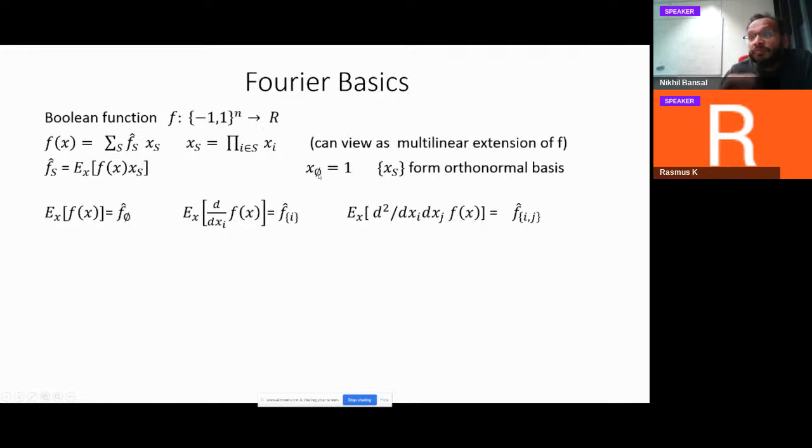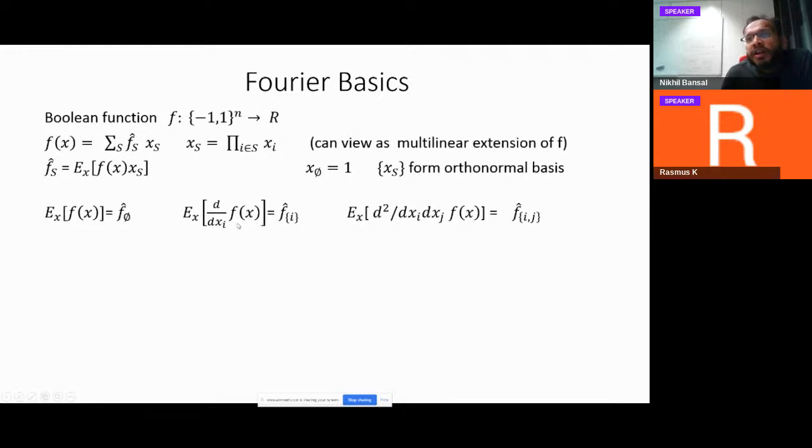We also know these form orthogonal bases. Some basic facts that we'll use: if you take the expectation of f of x over uniformly random x in -1, 1, then all these things average out to 0 except the empty Fourier coefficient, f hat of 0, a standard fact.